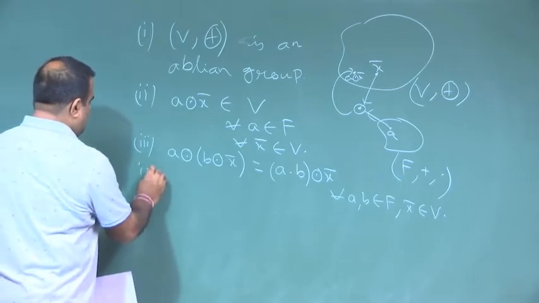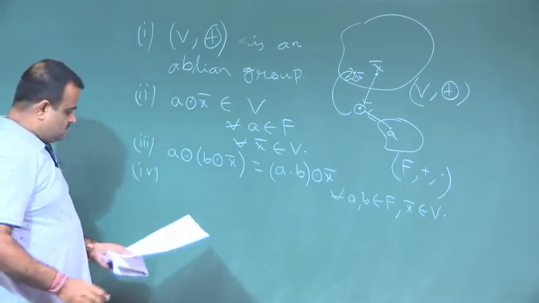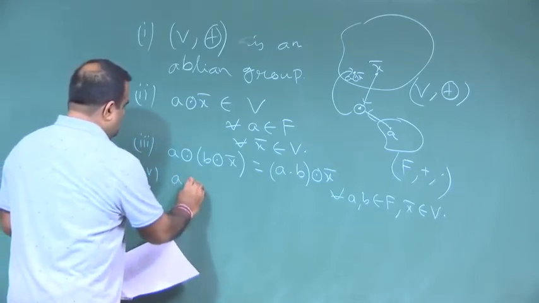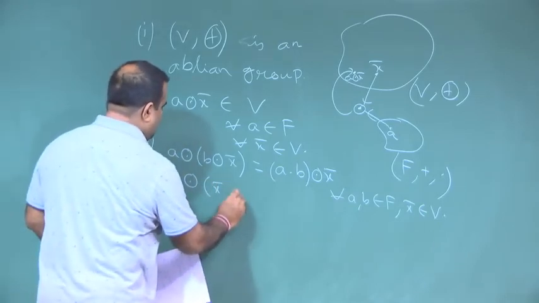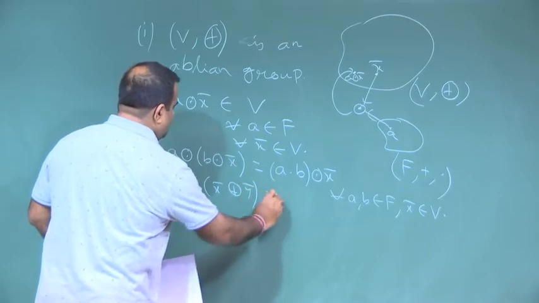Another property is, say, A operate with (X plus Y).